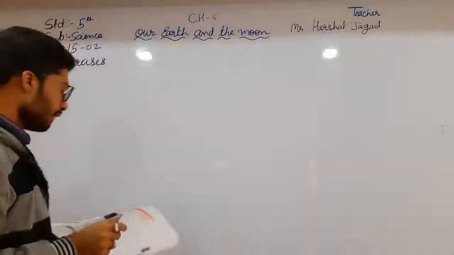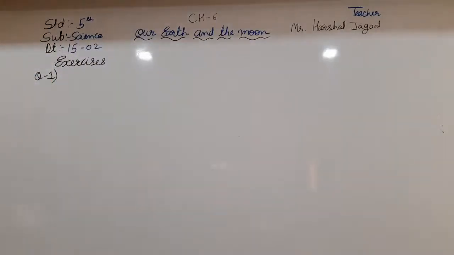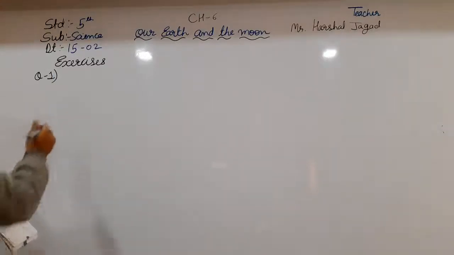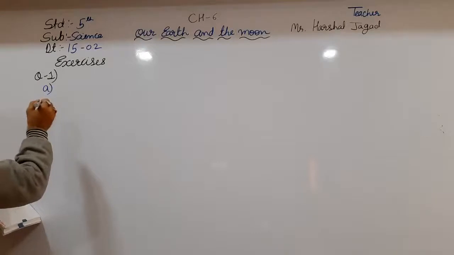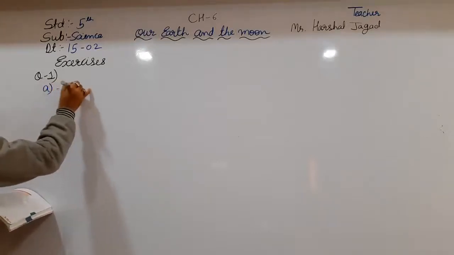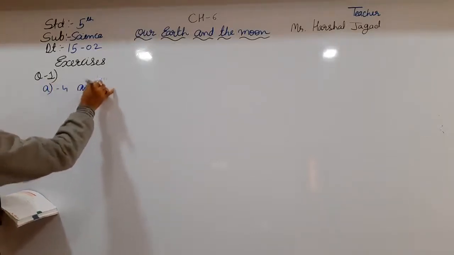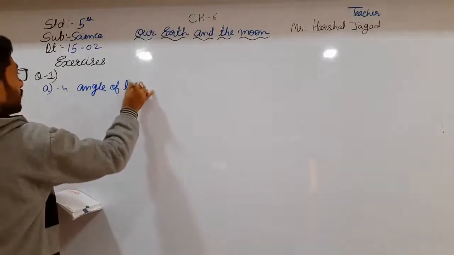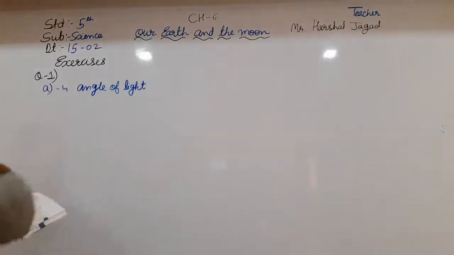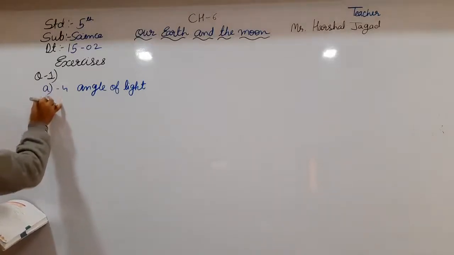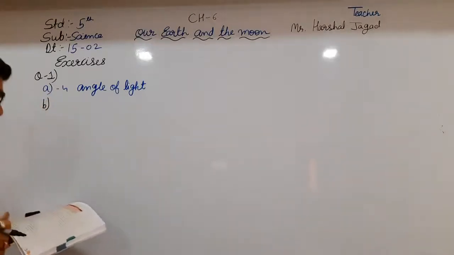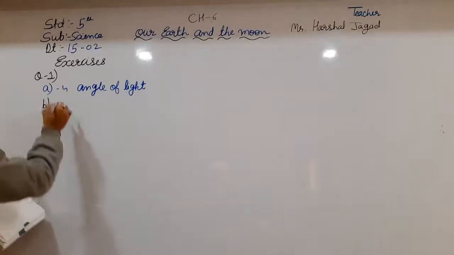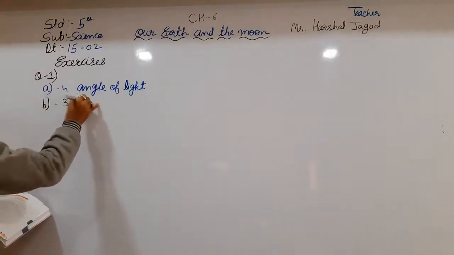In that, the first one, A, size of shadow, depends upon 4, the angle of light. Then B, sharpness of a shadow, depends on the intensity of the light, that is the third one.